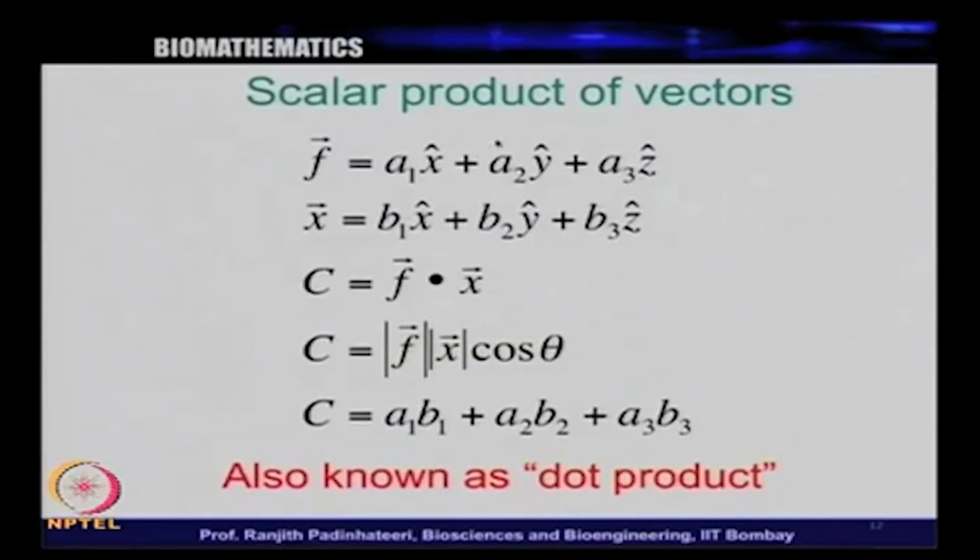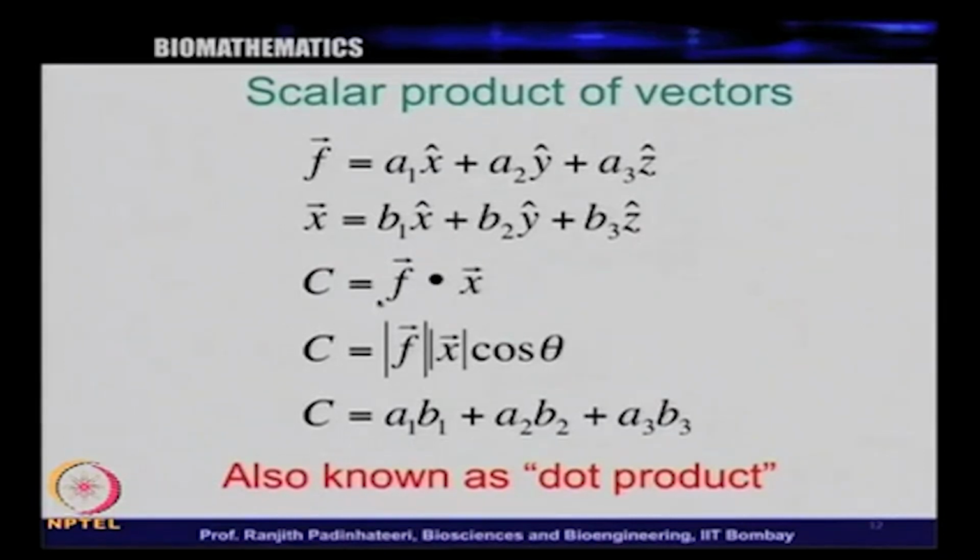The scalar product is defined in this particular way. Let us say you have a vector f, which has some x component a1, some y component a2, some z component a3, and some distance x, which has some x component b1, some y component b2, some z component b3. Then the scalar product is written as f dot x.